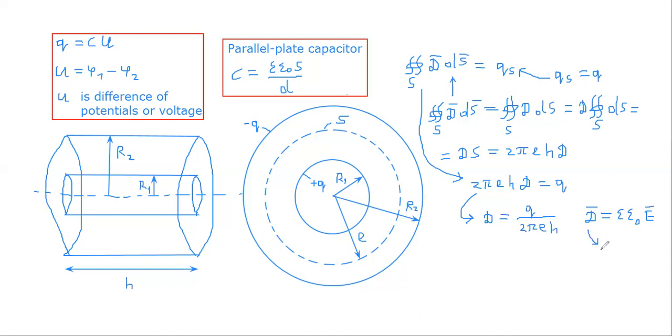Because of this, we have that D is equal to epsilon epsilon 0 E for isotropic dielectrics.